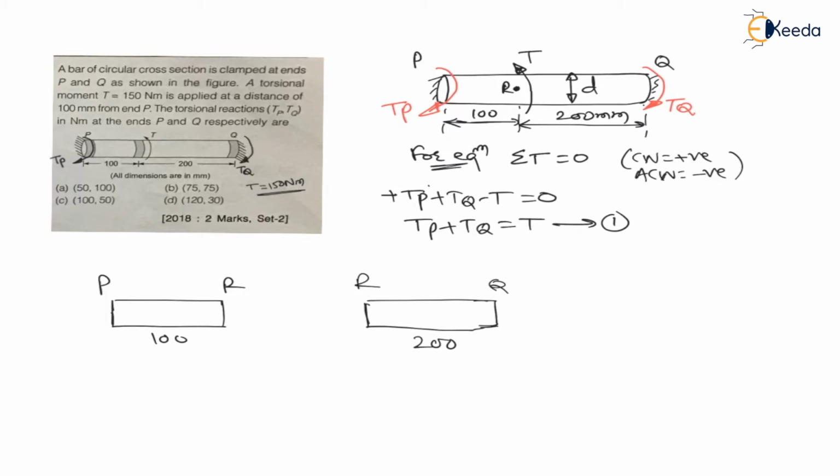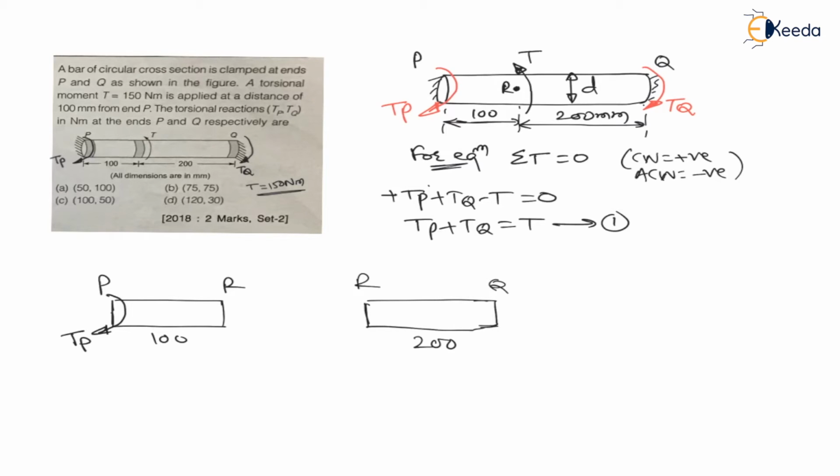This is very important, my dear students. Go back to the diagram: the P end is an extreme end and the Q end is an extreme end. R is not an extreme end, R is in between. Let us say I am considering P as the extreme end. Therefore, at P, whatever the torque may be, put it as it is. Therefore, at P, there is clockwise torque Tp.